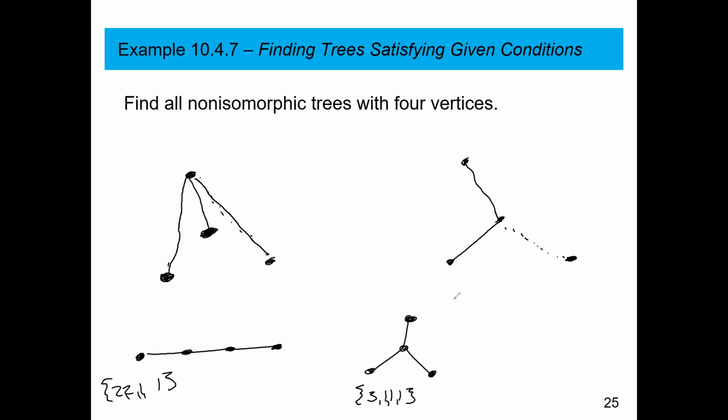Either it connects to this one, or it connects down here, but either one would end up right here. So for that reason, our only 2 non-isomorphic graphs, because everything else is just isomorphic to these 2, are those 2 graphs right there.